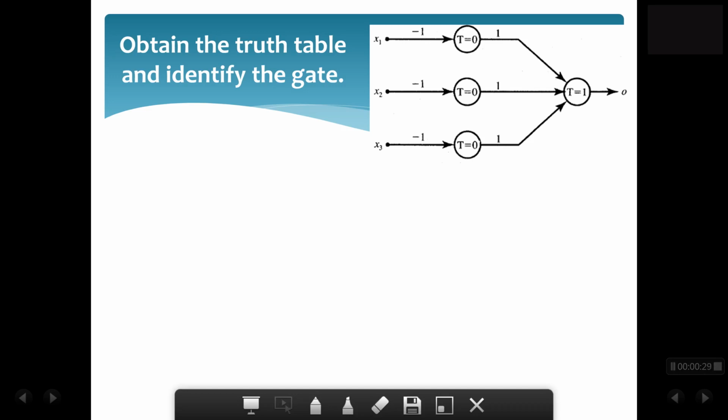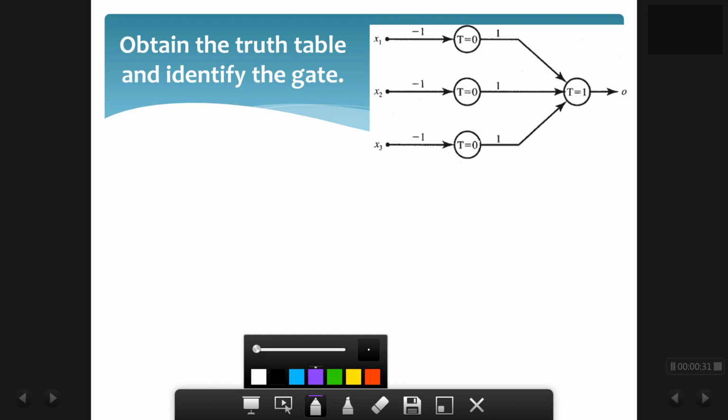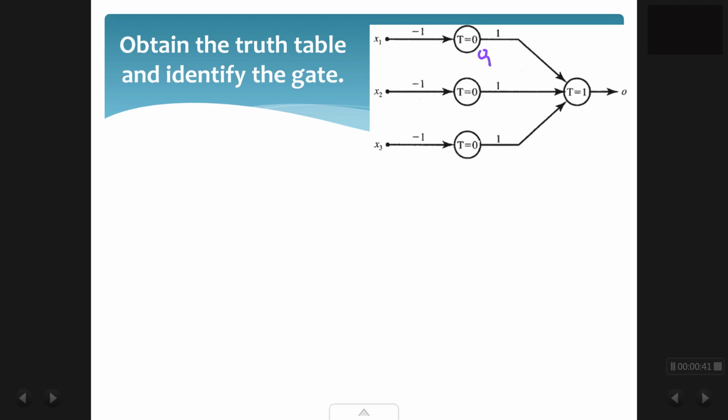So we shall name the output of the neuron. These are the weights. This 1, 1, 1 is a weight, but the output coming from this neuron, we name it as O1 dash, O2 dash and O3 dash.